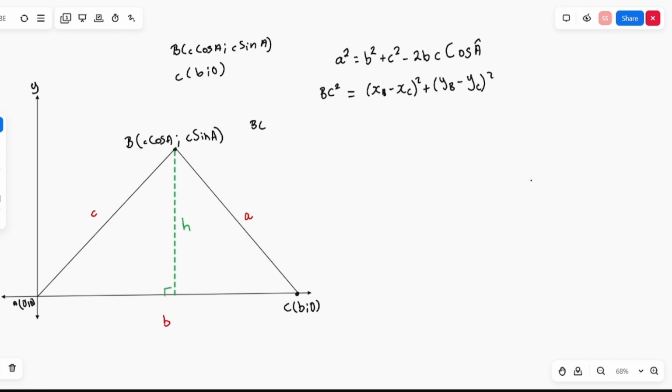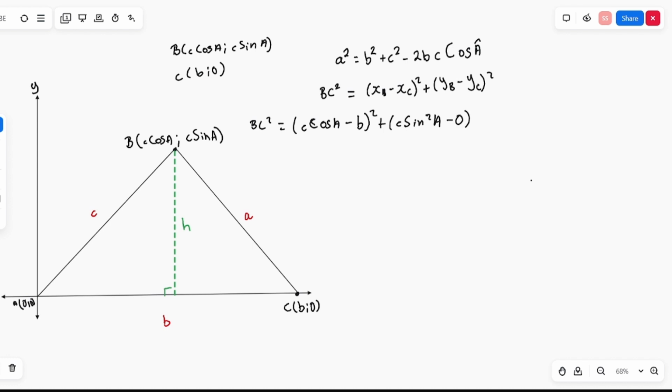So BC squared is going to be equal to, what is our x coordinate at B? It's c cos A, and what is our x coordinate at C? It's b, plus what is our y coordinate at B? It's c sin A, and what is our y coordinate at C?